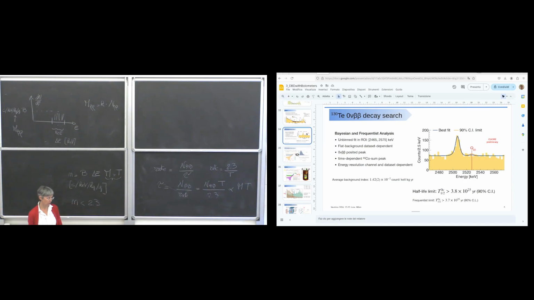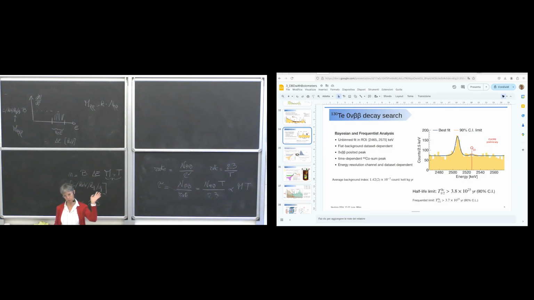The alternative is to rely on Toy Monte Carlo. You simulate your spectrum, and there you can simulate a lot of features of the background, the shape, and the behavior of your spectrum.